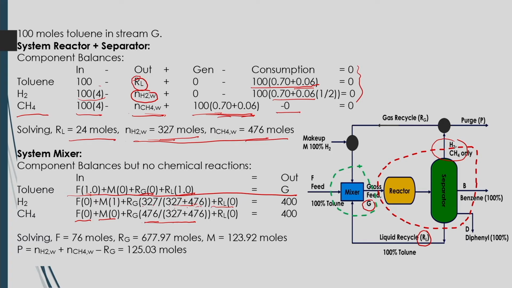And what will be the amount of methane coming out from the separator as liquid recycle? In the liquid recycle there will be no methane. So, we can write RL into 0, meaning 0 amount of methane in the liquid recycle.